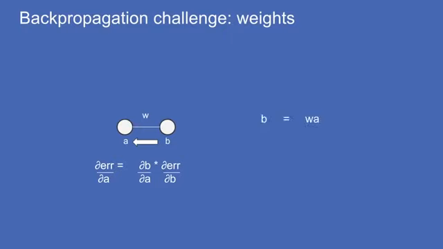To get that, we just write the relationship between B and A, take the derivative of B with respect to A, and we get the weight, W. Now we know how to make that step. We know how to do that little nugget of backpropagation.